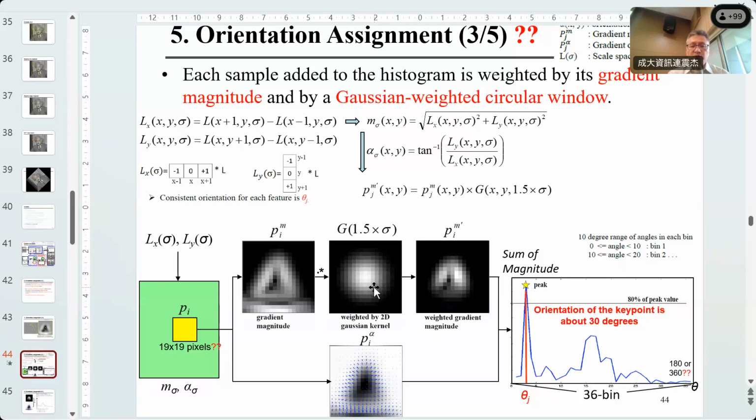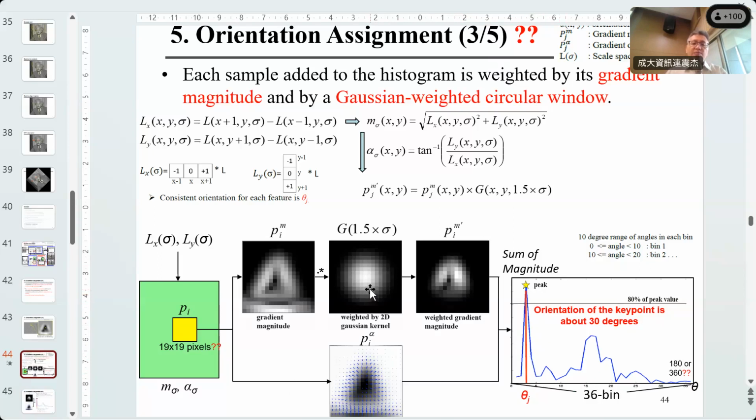Based on this Gaussian distribution, we get the weights. Each pixel's magnitude is multiplied by the corresponding weight. The final result we call the weighted gradient magnitude. You should learn to use this term. The closer to the center, the more important it is. This will become the y-axis of the distribution.